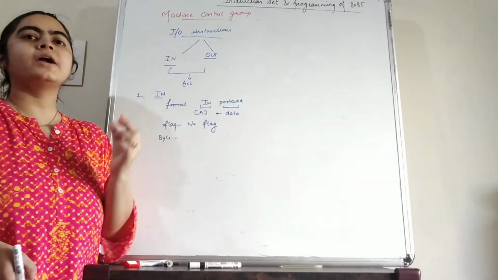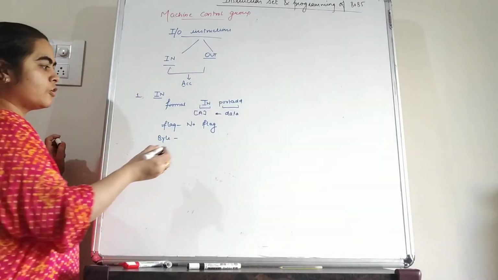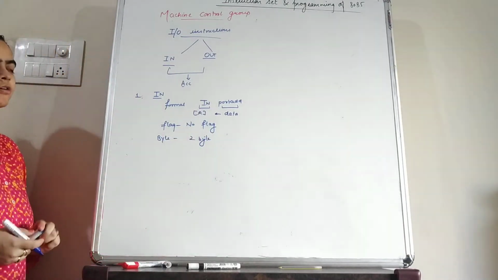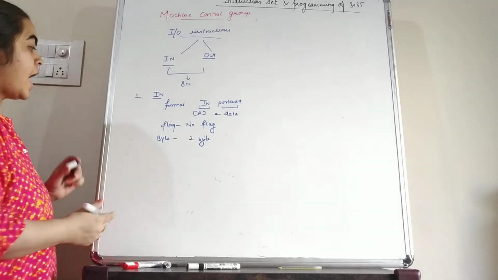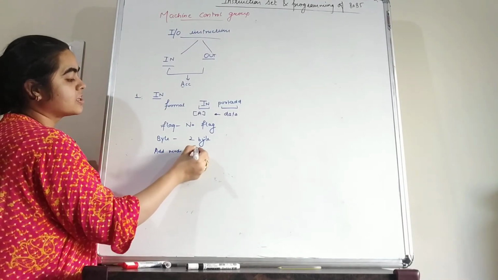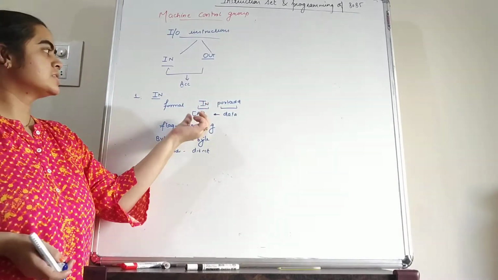Because this port address is an 8-bit address. So 8 bits means it will occupy 1 byte of memory. Overall this instruction will use 2 bytes of memory. And the addressing mode of this instruction is direct addressing mode, because the address is specified in the instruction.